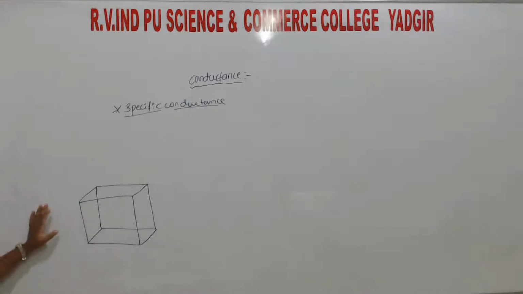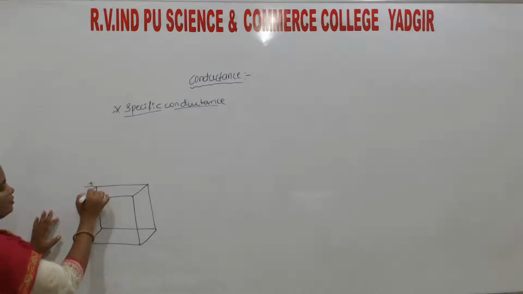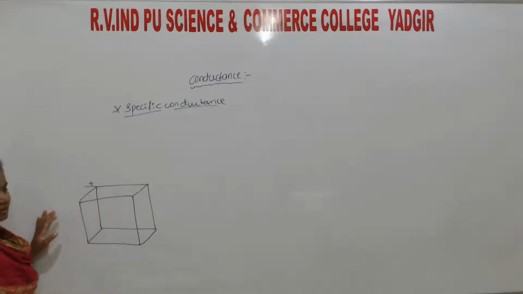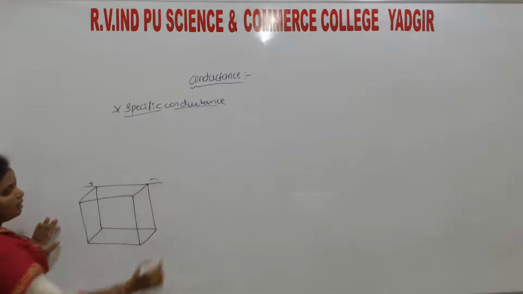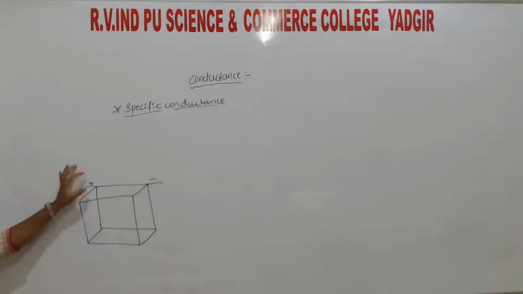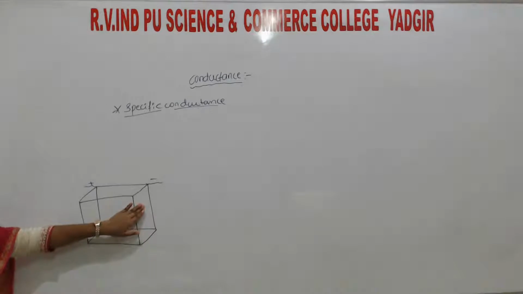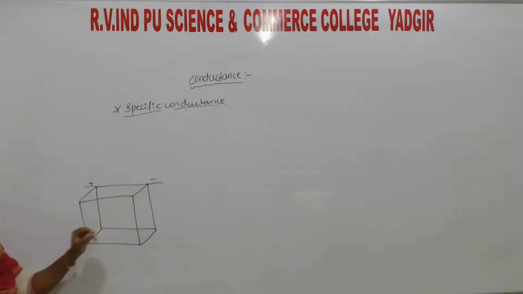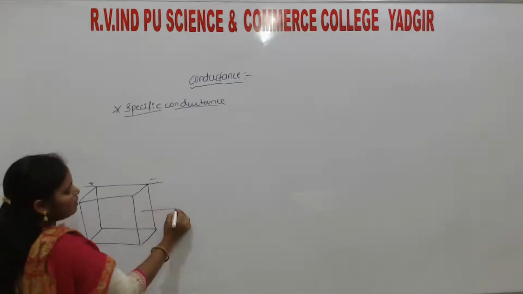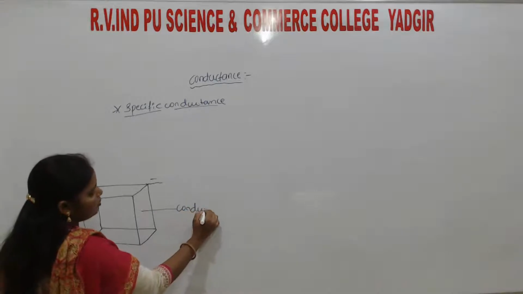This is a cube, and here this is the positive end and this is the negative end.